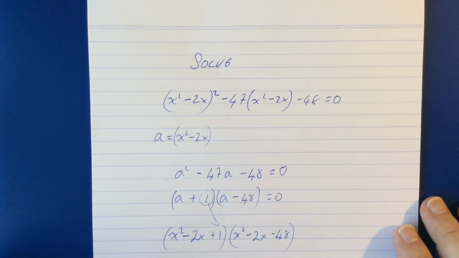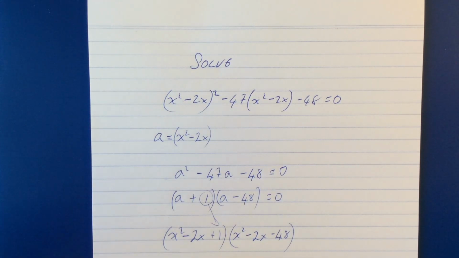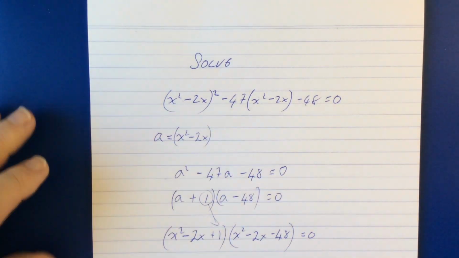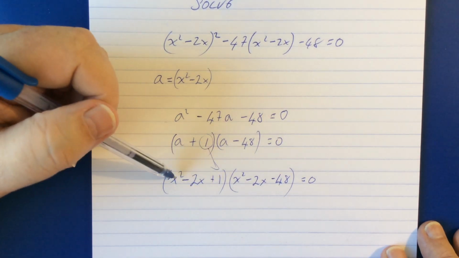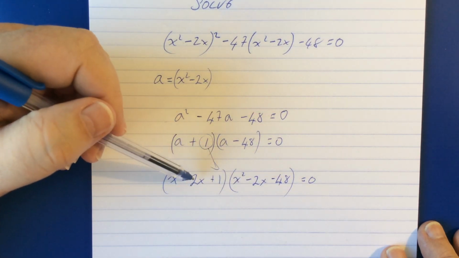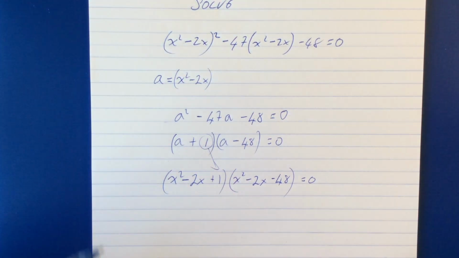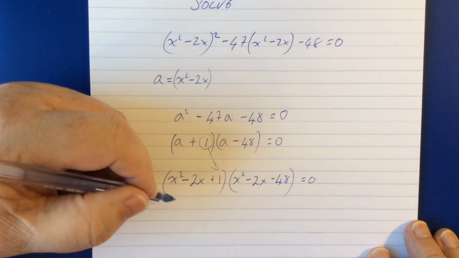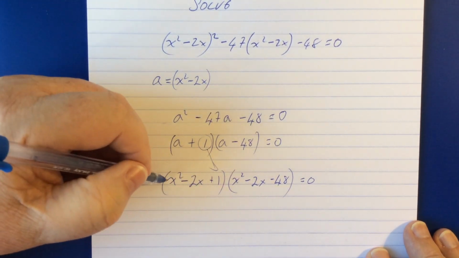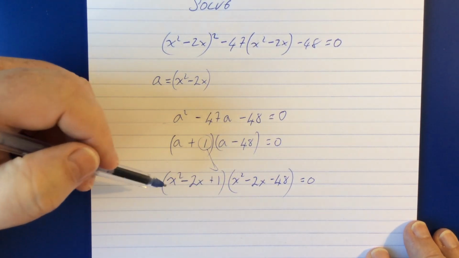Right, so we have a second task on our hands. Essentially what we've got to do is solve each of these quadratics. And in so doing, we will solve what's essentially a quartic. Okay, so this expression here is a perfect square.